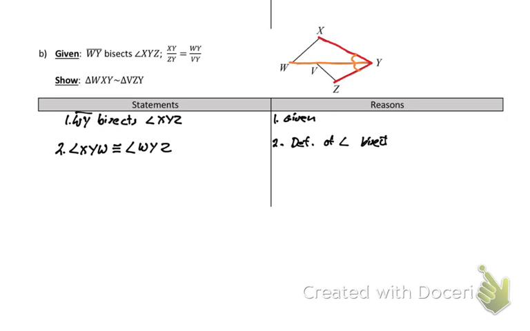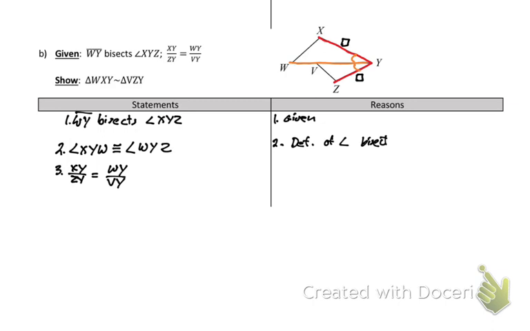That means it's probably going to be side, angle, side, or angle, angle. Well, they don't give me any more information about angles, but they do tell me that XY over ZY equals WY over VY. Now, it doesn't say they're congruent, but you could put circles and boxes to make sure we're comparing sides from each triangle. I could put a little box by both XY over ZY to say I'm comparing that side to that side.